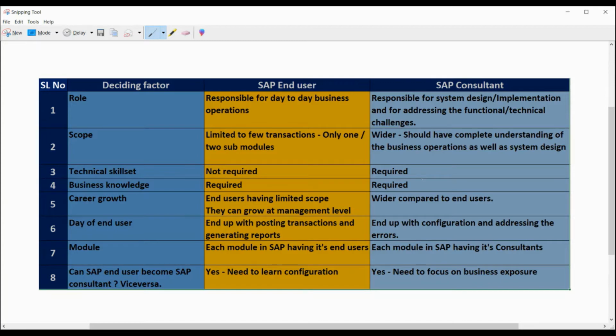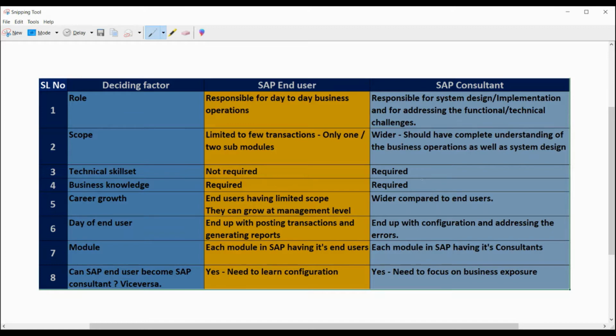Before going to that, I have given a few deciding factors, and based on their education and skill set, they can decide. Just for understanding, I have given a few differences here, so based on that, they can decide which profile is better and suits them.